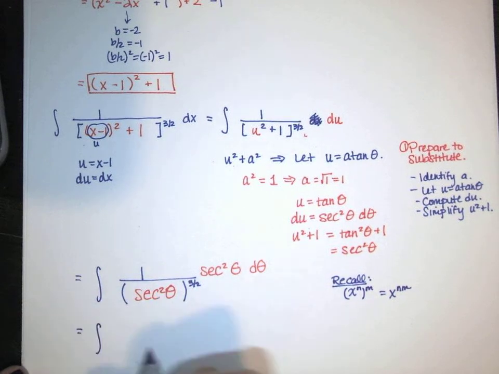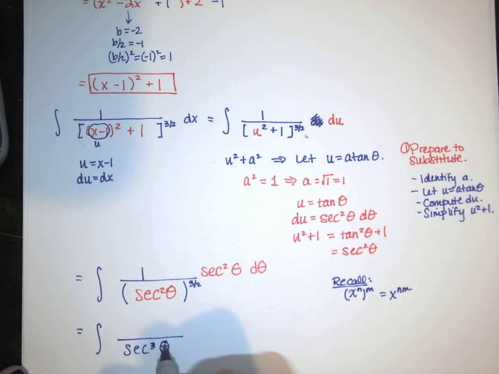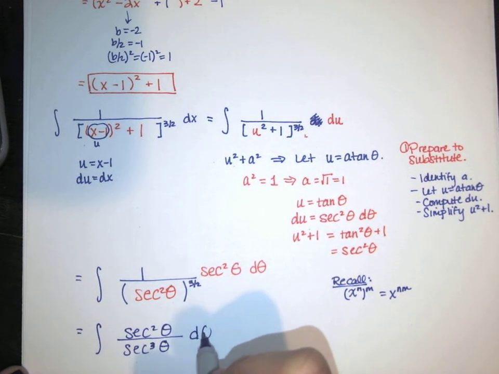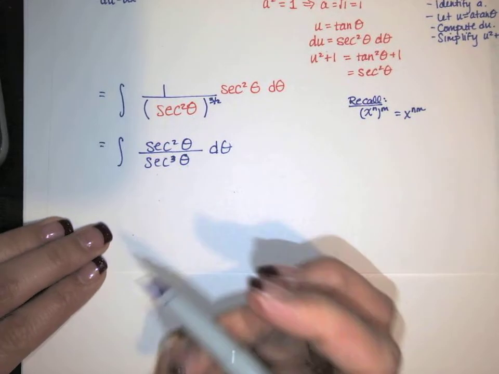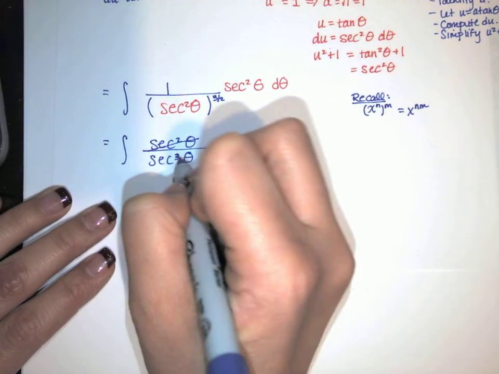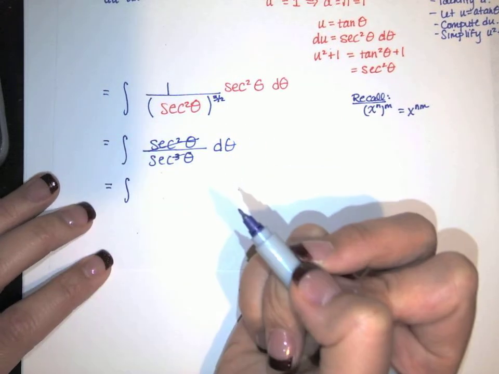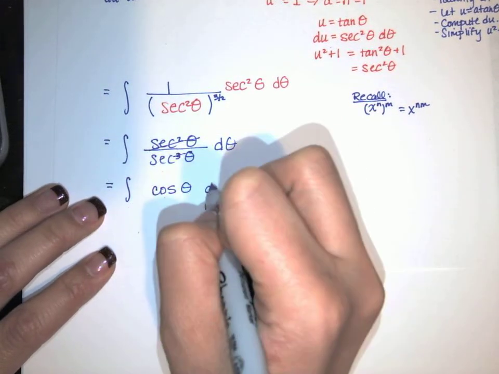So we end up with a secant cubed in the denominator and a secant squared in the numerator. And 2 of those secants are going to reduce. You just have a 1 secant in the denominator, but 1 over secant is, remember your reciprocal identities, that's cosine.